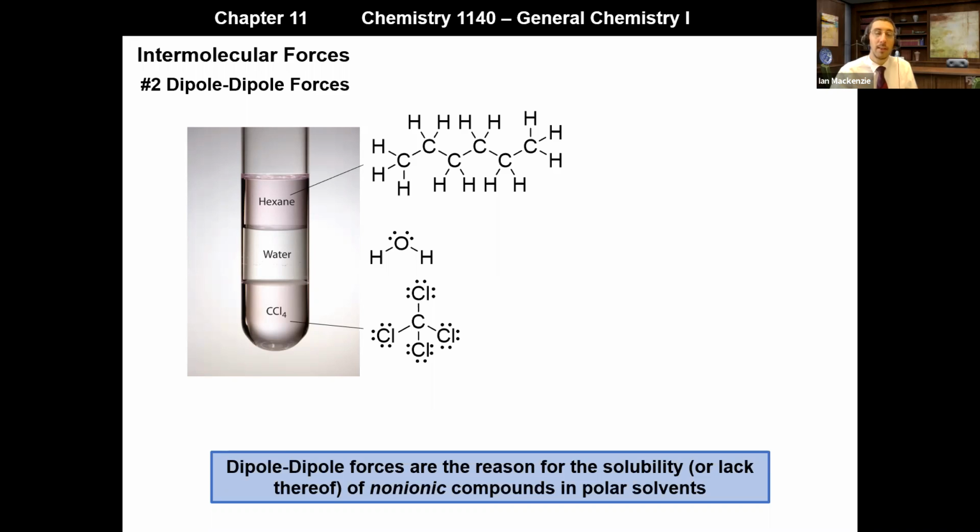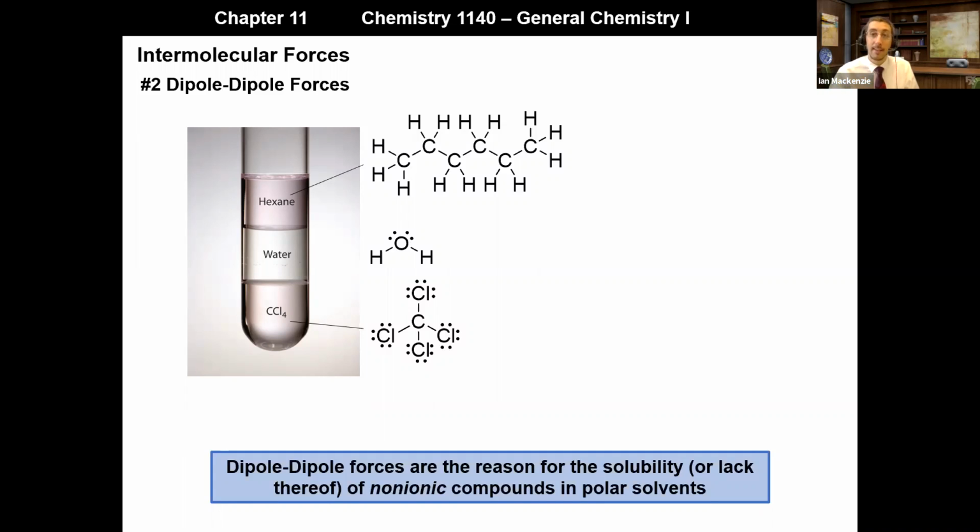And you'll notice that the top one is hexanes, the middle is water, and the bottom is carbon tetrachloride. Now, water is a polar molecule, and between water molecules there are a lot of dipole-dipole forces and some hydrogen bonding, which we'll talk about later. But hexane is a completely non-polar molecule. It's essentially zero dipole moment.